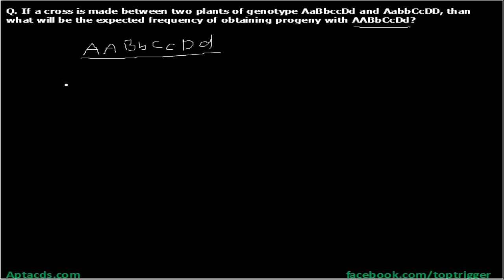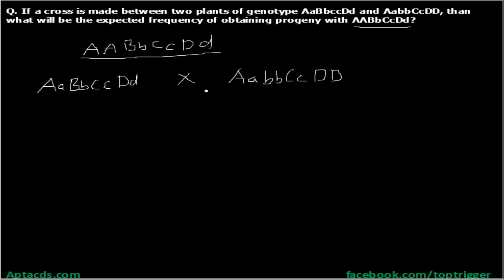And the parental combination is capital A capital A, capital B small b, small c small c, capital D small d, crossed with capital A small a, capital B small b, capital C small c, capital D small d.